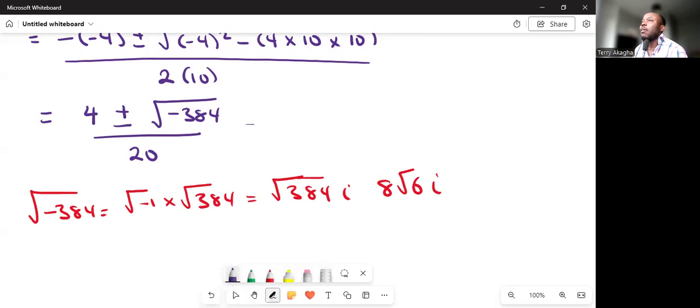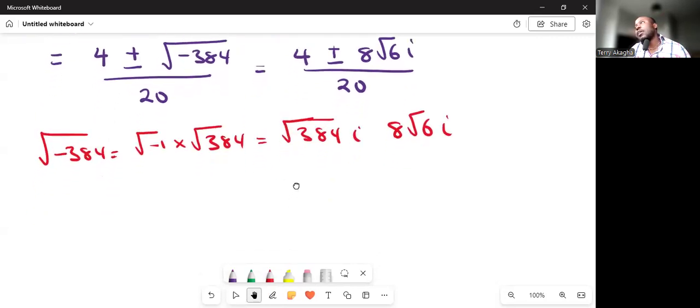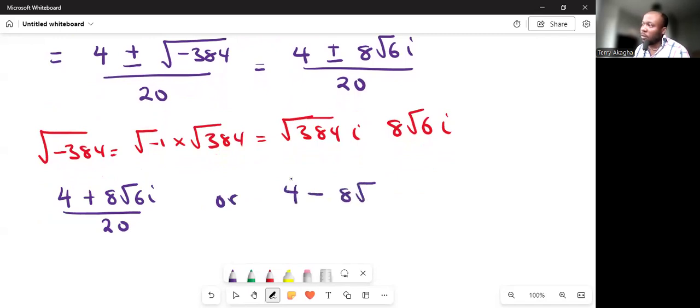So I can rewrite this now as 4 plus or minus 8 root 6 i, all divided by 20. I also explained to you that when you're dividing complex numbers, you can divide each term. So it's the same as saying 4 plus 8 root 6 i divided by 20, or 4 minus 8 root 6 i divided by 20.